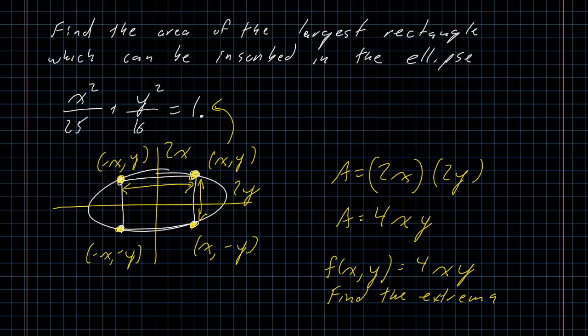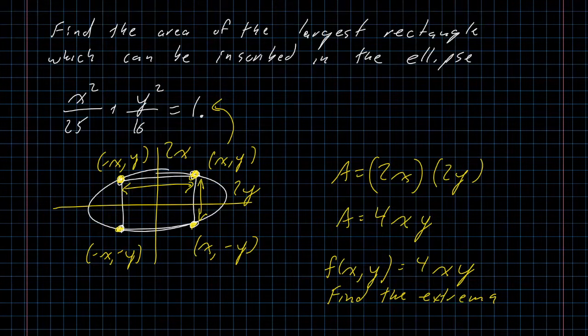All right. And so I have now reduced this problem to something entirely mathematical. We have a function f of x and y equal to 4xy, and we want to find the extrema of this function. But again, we're not looking for the relative extreme values.